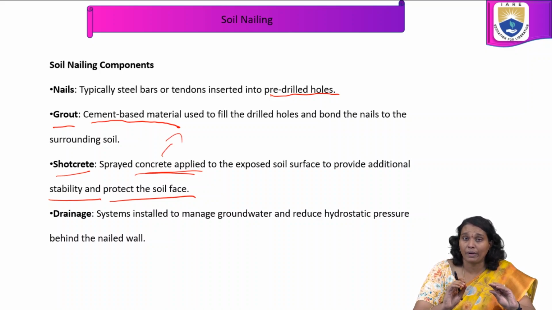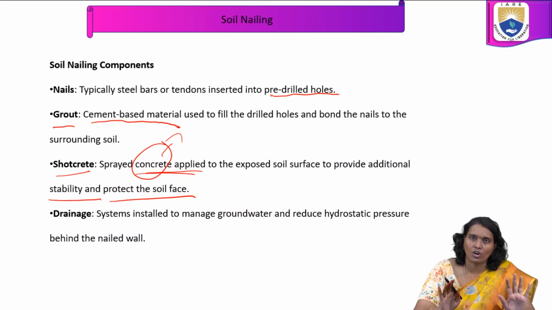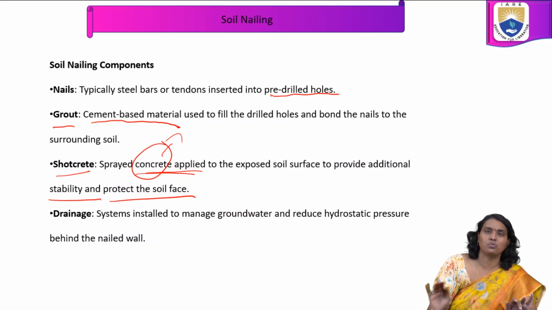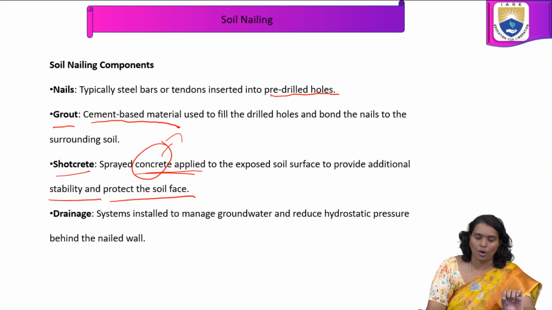It depends on the grade of cement or any combination of cement, and on the desired soil properties we require for the construction. It depends upon the condition. So this is also one of the components we choose for soil nailing.